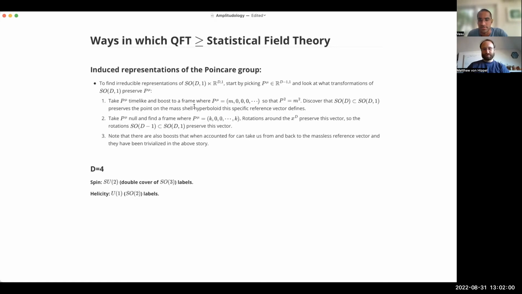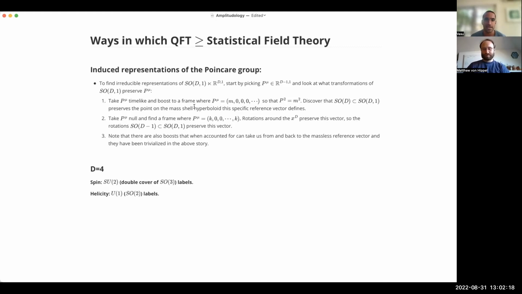So it's sort of saying little groups meets spinors meets complexification, and all of a sudden we can do something that would take a very long and painful exercise involving Feynman diagrams to do. That's going to be our motivation.